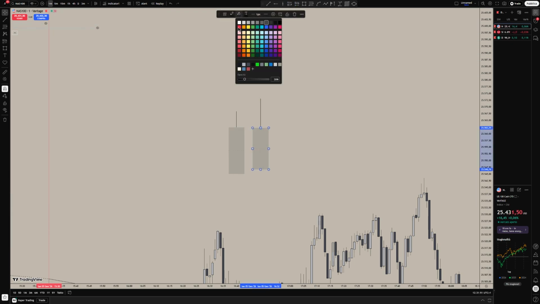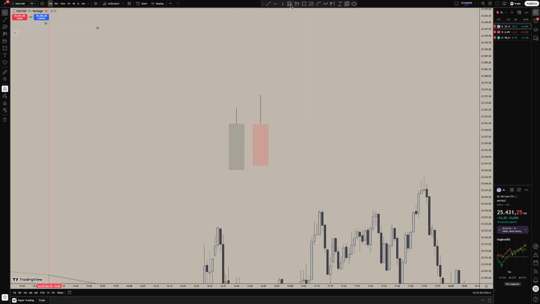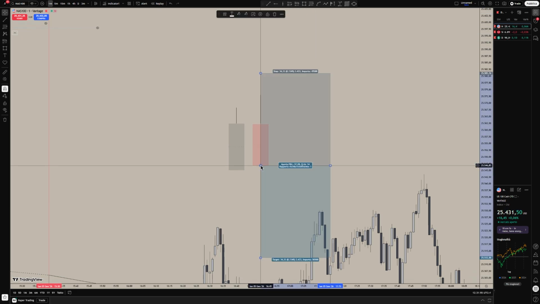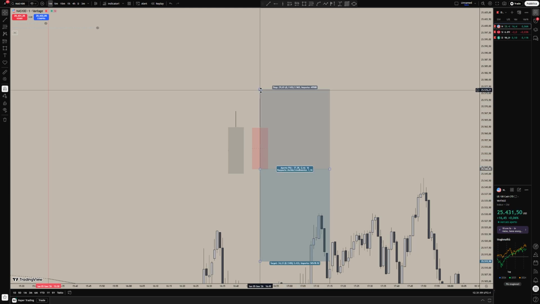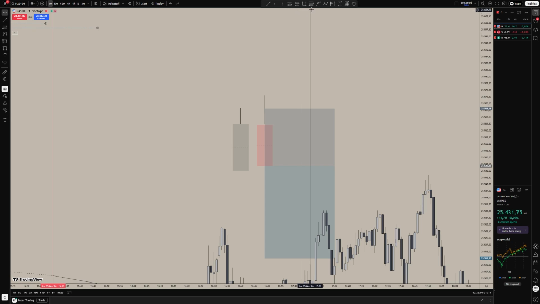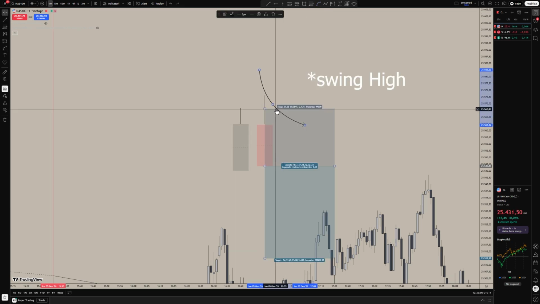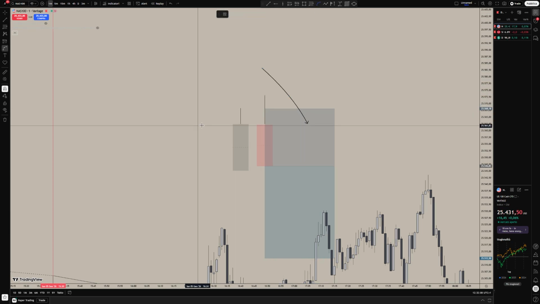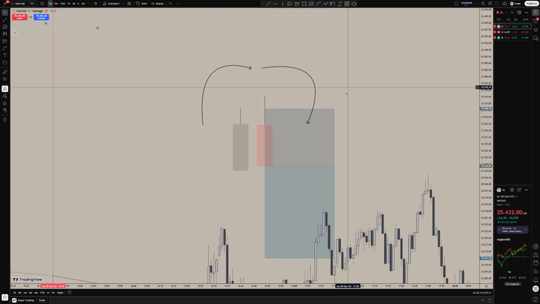Let me put this in red. I want to take a short. Let's say here, my rule is that the stop loss needs to be at the lowest low that made the swing low. Okay, this is my rule.